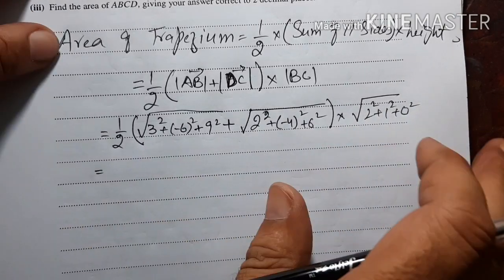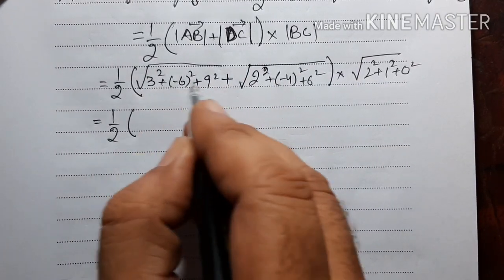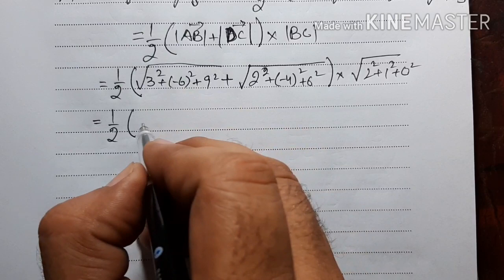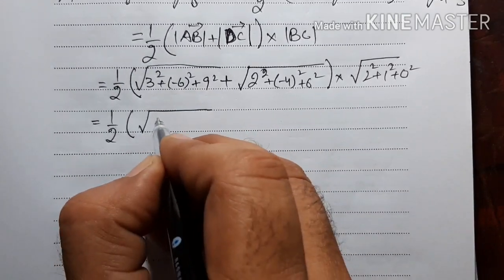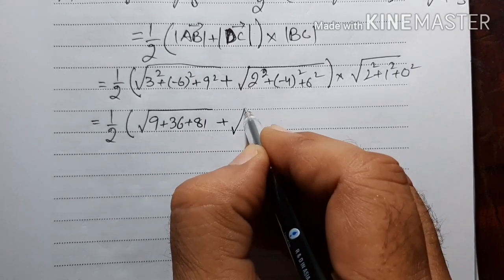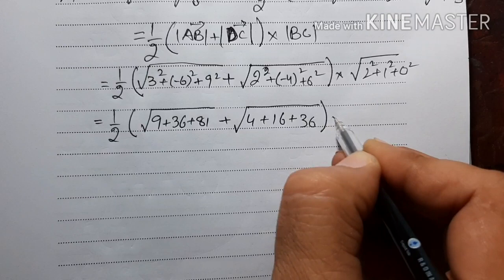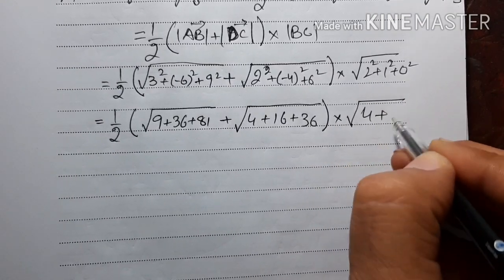I hope you know how to find the magnitude of a vector. So 1/2, this will become 9 plus 36 plus 81, plus 4 plus 16 plus 36, into 4 plus 1.